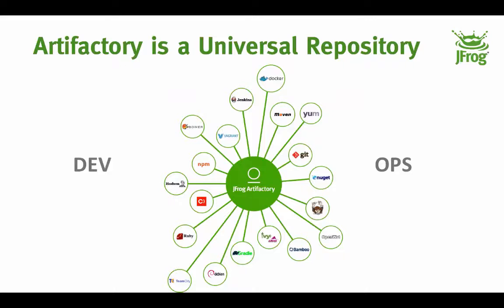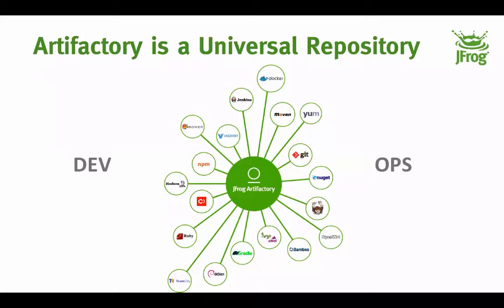Now, everybody is well versed with this diagram, and almost every organization has the two aspects working over there, one as the developers and one as the operations. And today this is called DevOps. Now let's talk about the universal nature of Artifactory. Here's the list of the technologies which Artifactory supports: the package managers, dependency managers.